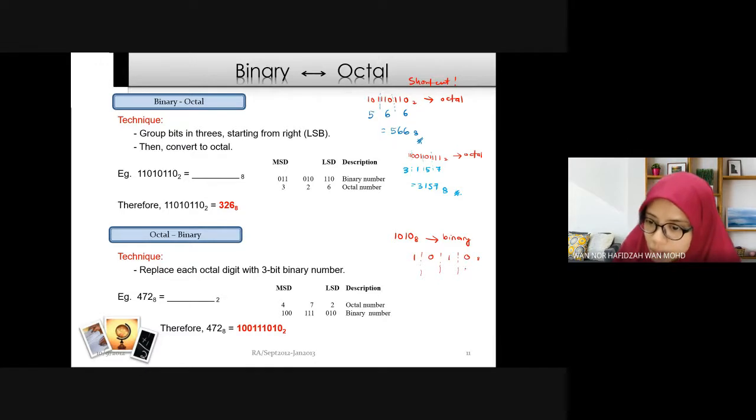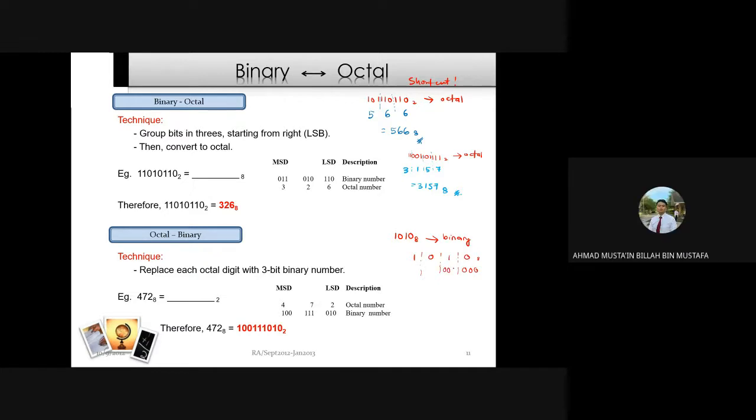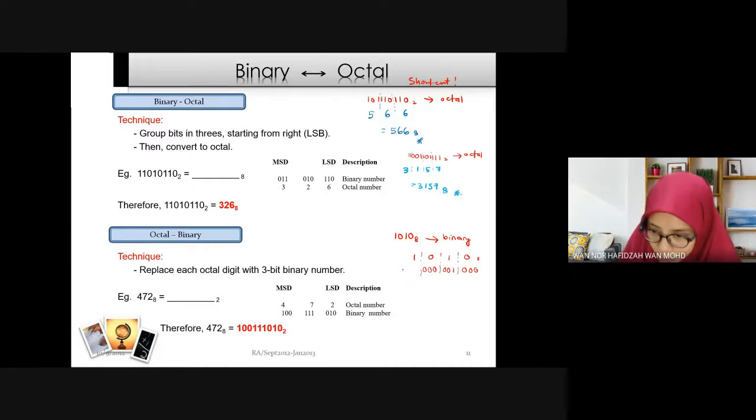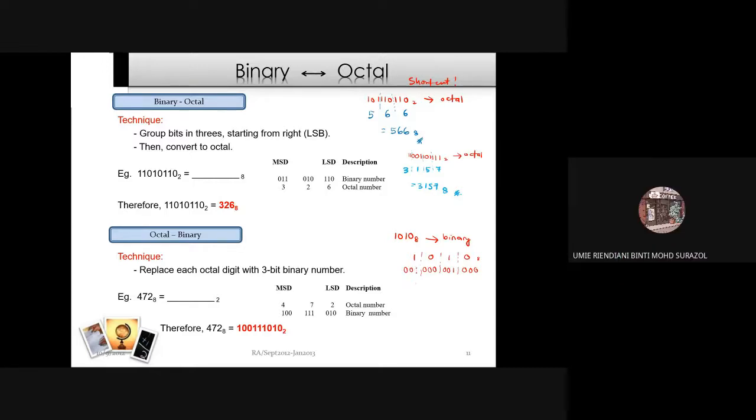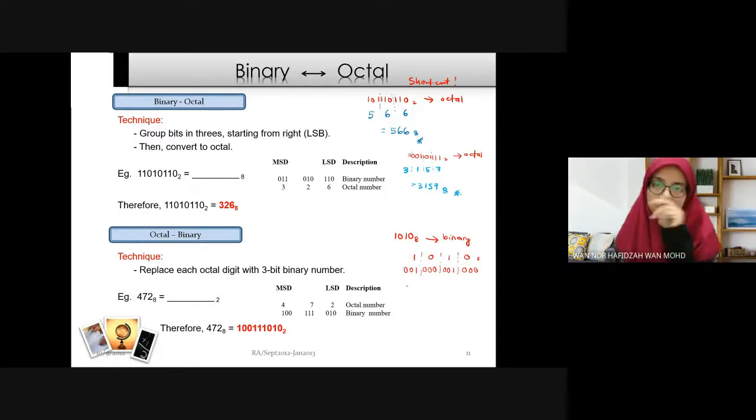So 001, 000, 001, and then last one, 000. Kena tulis. Because this is the working method. Okay, this is the working method. So we need to write it first, 3 bit tu, because that's the working method.